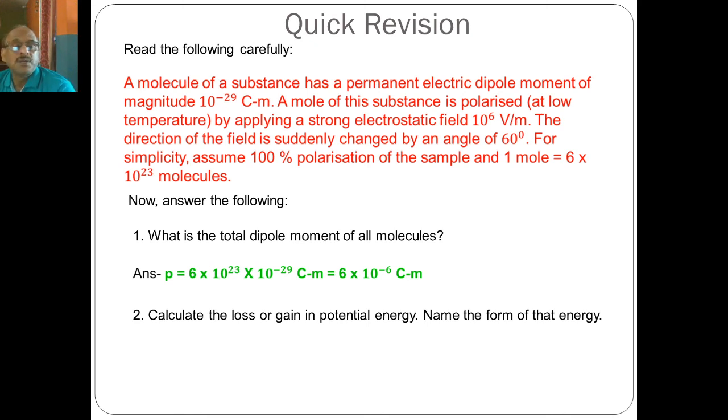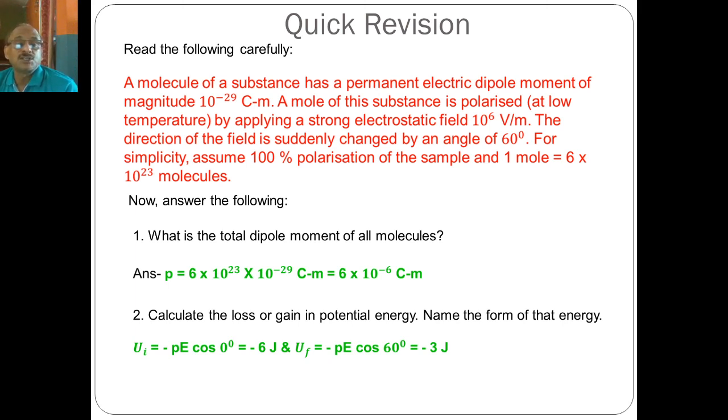Now can we compare the loss or gain in potential energy? First, initial potential energy, that is minus P E cos 0 degree. Put the value of P calculated above, and the electric field is given, that is 10 to the power 6 volt per meter.